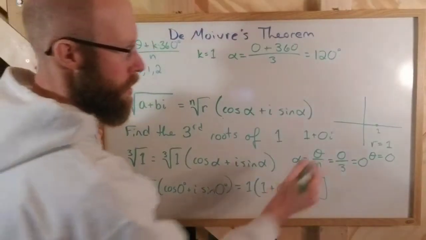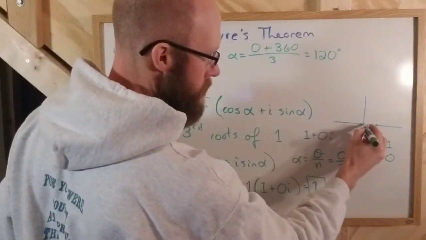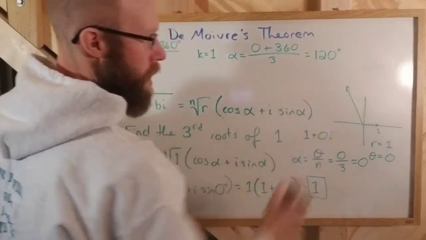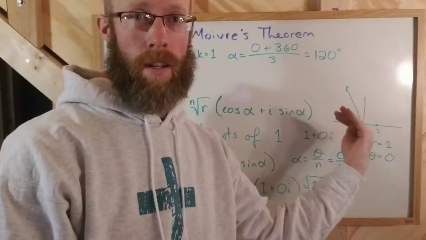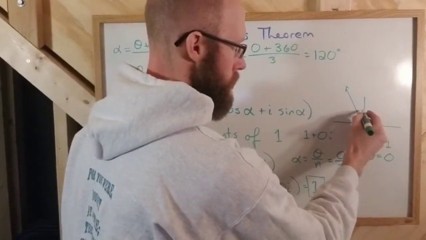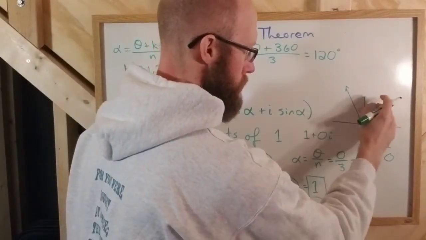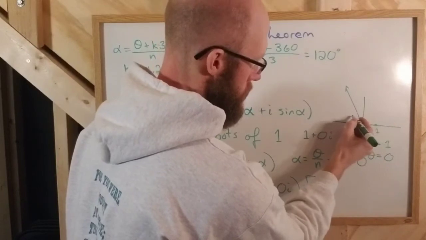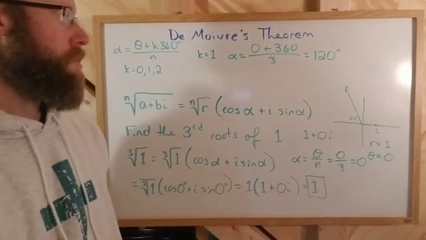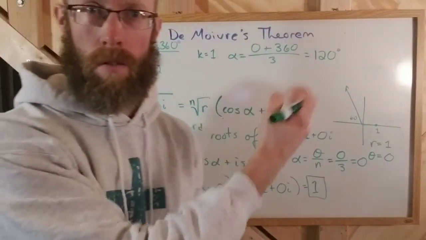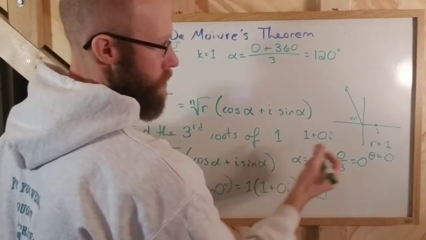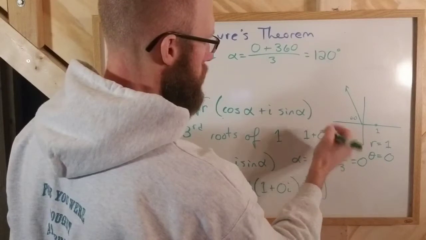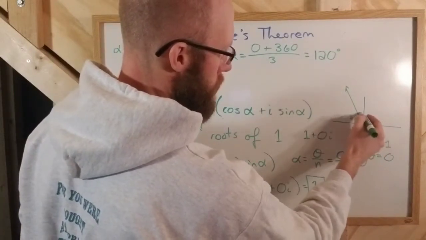A 120 degree angle is in the second quadrant, and it would be 30 degrees off of the 90 degree angle, right? So this is 30 here, and that means this is 60 coming off of the negative real axis. So this is a 120 degree angle.